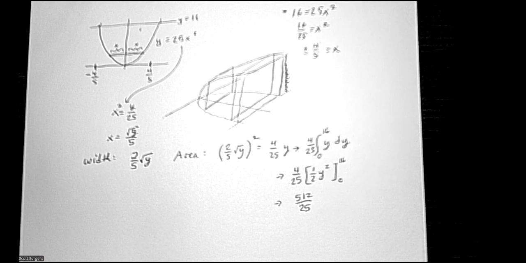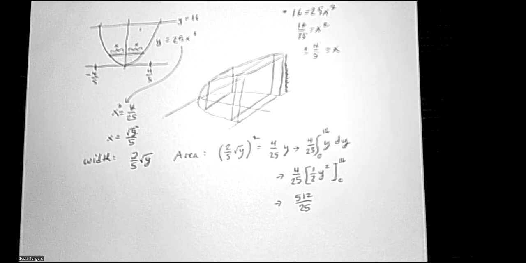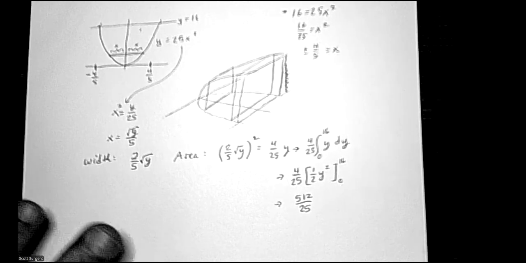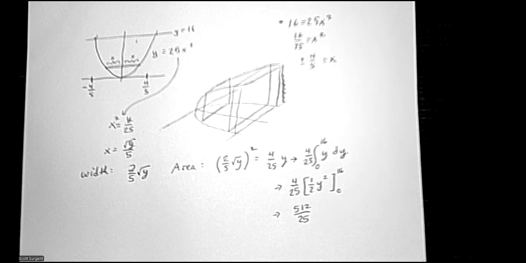You should expect a cylinder question, or I should say cylindrical shells, washers, discs. Those are all fair game. And then stuff like this where it's not revolved, it's just regular cross sections. Okay, good to know. Thank you. Sure.